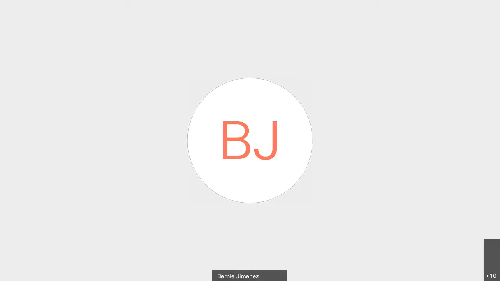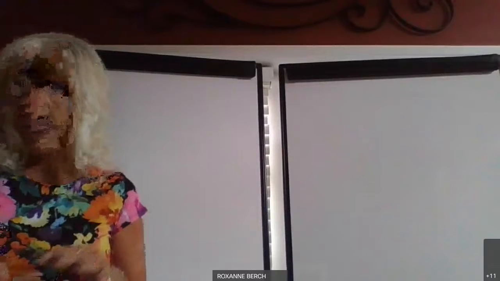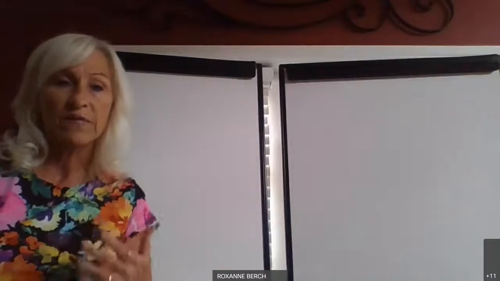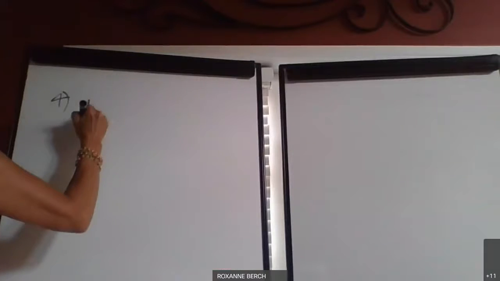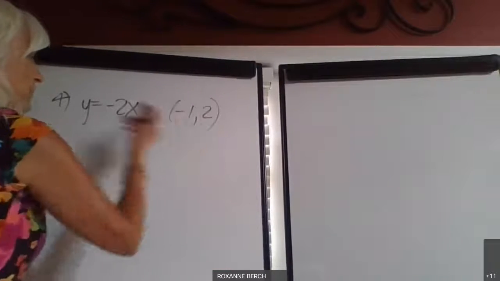So the other day I was telling you that on this scratch paper you have to write the problem, and I did not mean for you to write 500 words or some huge graph. Just write down the important information. They're giving you a line, which is y is equal to negative 2x, and they're giving you a point, which is left 1 up 2.